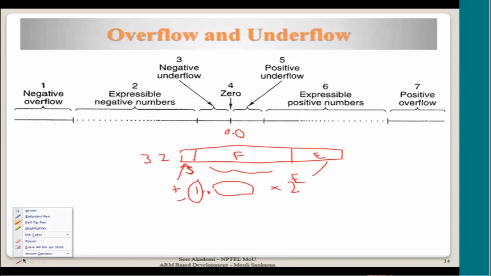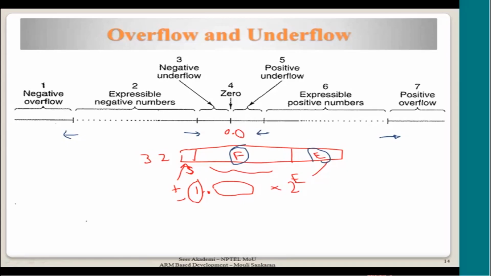Let me change the color to avoid monotony. Now you see here, I told you there are ranges, right? This is more or less closer to this. So 4 ranges are there. Now, because of the restriction on the number of bits reserved for F and the number of bits reserved for E, I can't represent the whole range of real numbers.